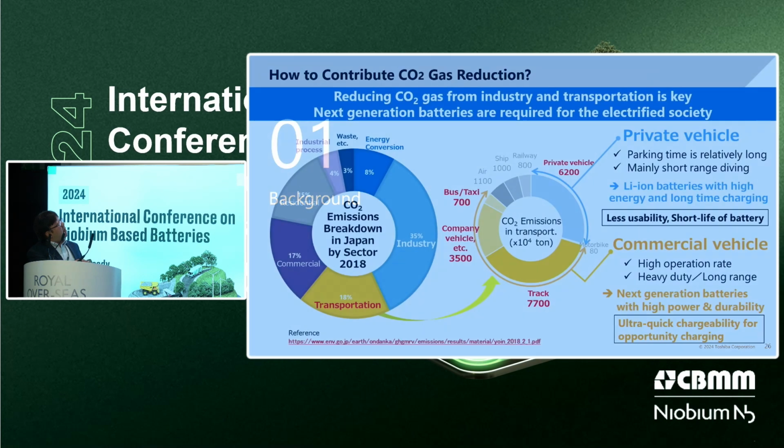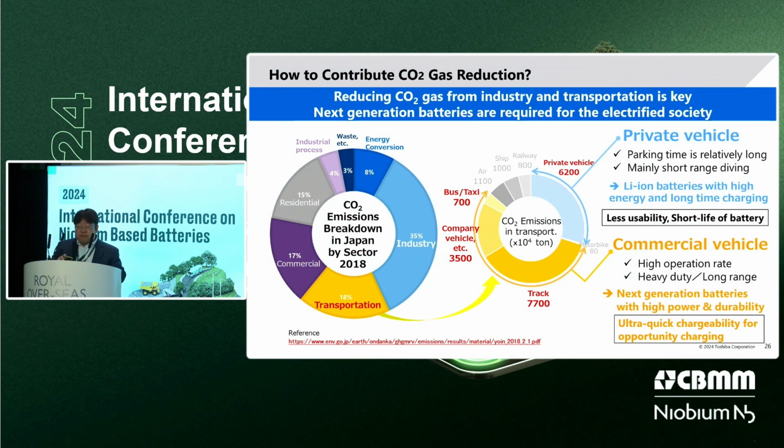So let's start from background. This figure shows the CO2 emission breakdown in Japan. As seen from this figure, more than half of CO2 emissions are coming from the transportation and industry sectors. Take a look at the transportation sector. Private vehicles and commercial vehicles account for the majority.